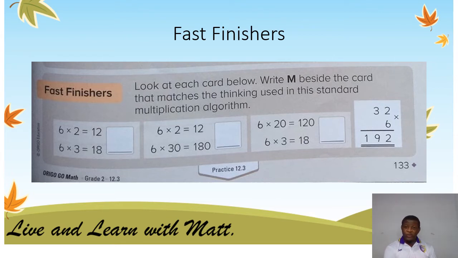So 32 times 6. That is what we're looking for. The method to use to calculate 32 times 6. So we can look for 30 times 6 and 6 times 2. So the method used will be this. So we write M. 6 times 2, 6 times 30.